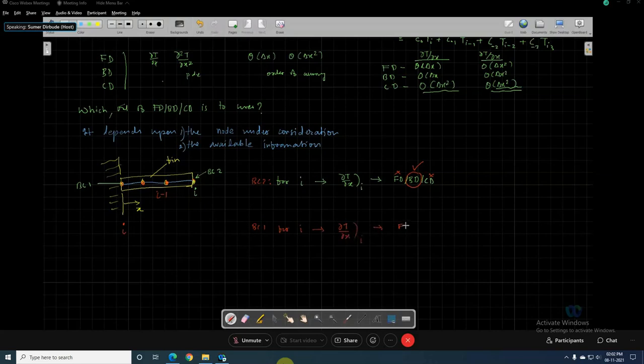Whether you will use forward difference, backward difference, or central difference. Forward difference, right. This is not and this is not, because when you go for forward, my information available is I plus 1. This is the available node or information. There is no other node for that.